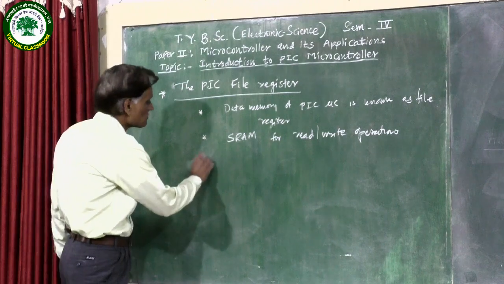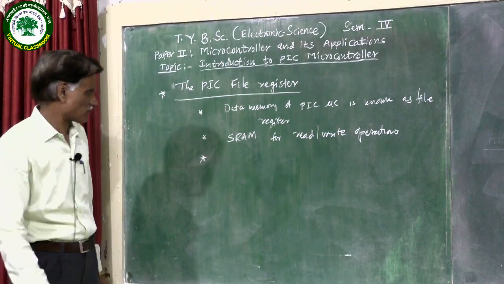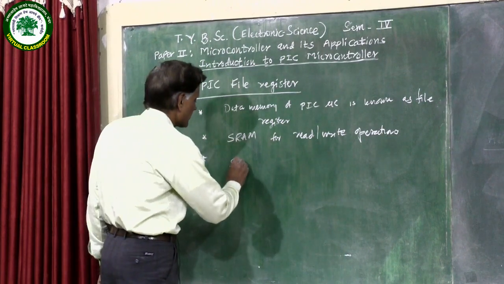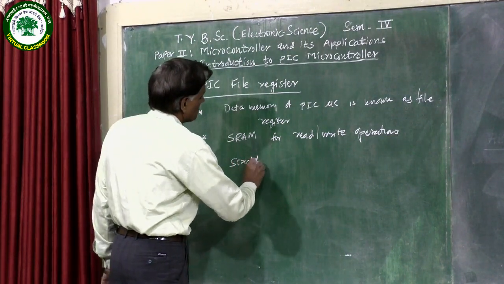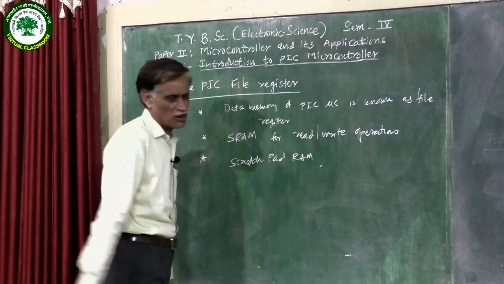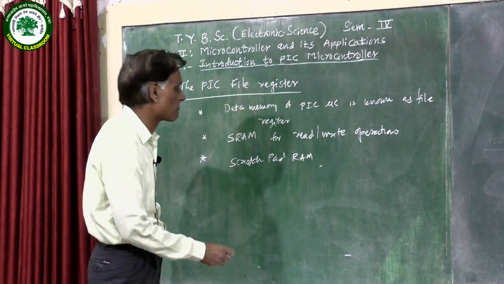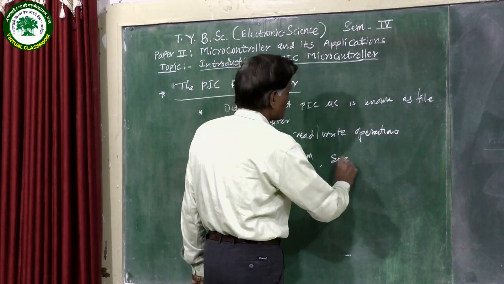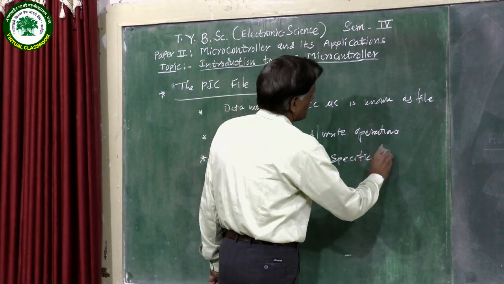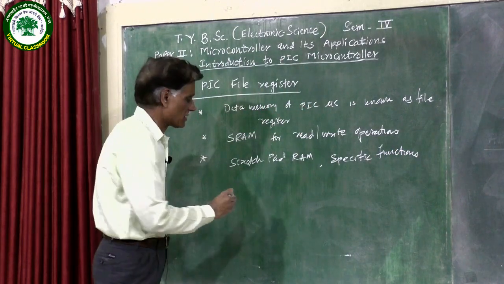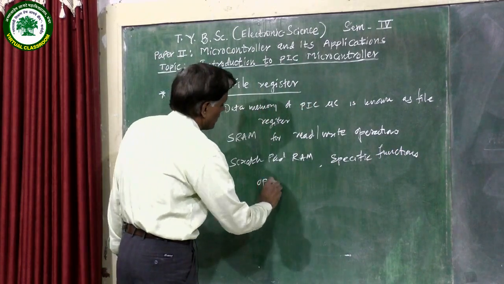For what purpose is this file register used? It is used as a scratch pad RAM for data storage or for address storage, etc. It is also used for specific functions, for internal operations.